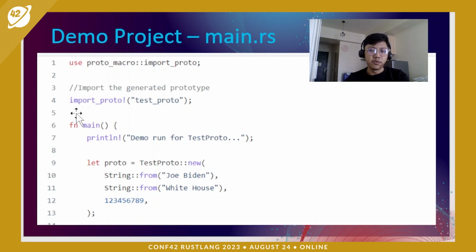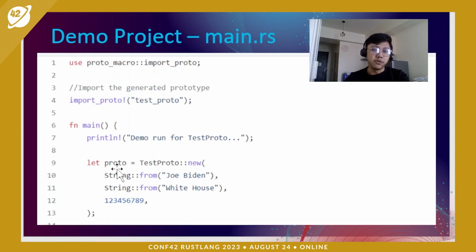After that, we use the macro function import proto and then our object name TestProto. Then inside our main function, we print first that we run the demo for TestProto, and then we use the constructor of TestProto. So here it is. Now we can use the generated code.